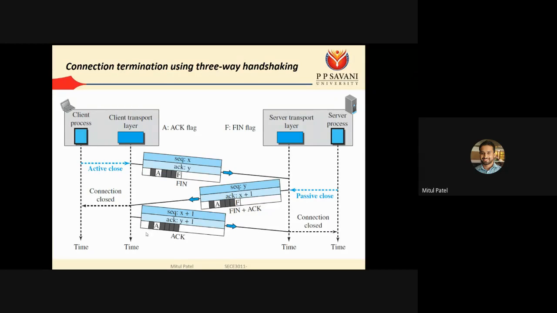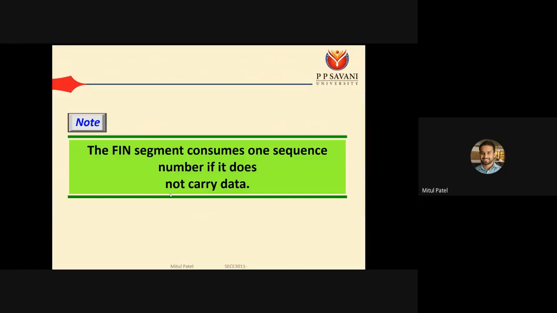Once the acknowledgement is received, the connection is closed, both at the client side and at the server side. So the conclusion is that we have to go with three packets of connection establishment, three packets of connection termination, and in between the data transfer.